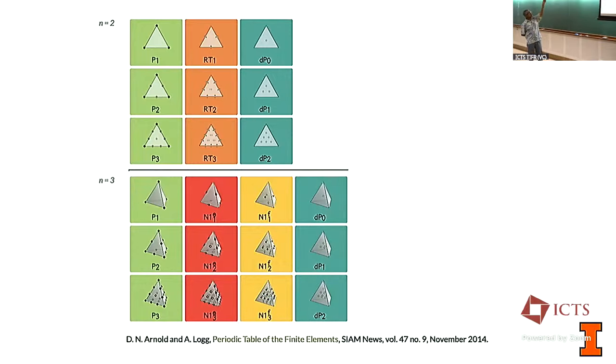If you just focus on the first row, you notice that there is a degree of freedom for every vertex, a degree of freedom for every edge, and a degree of freedom for the triangle. Similarly, in the first row in the tetrahedral case, there are 4 for the first case, then 1 for every edge, 1 for every face. So these are Nedelec edge elements and Nedelec face elements, and that's DG, discontinuous Galerkin, piecewise constants, in the last.